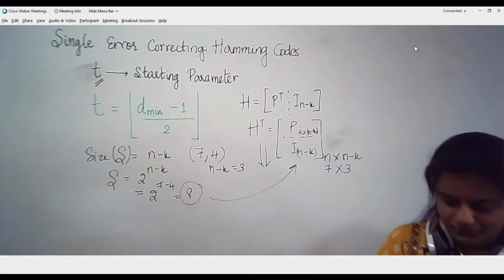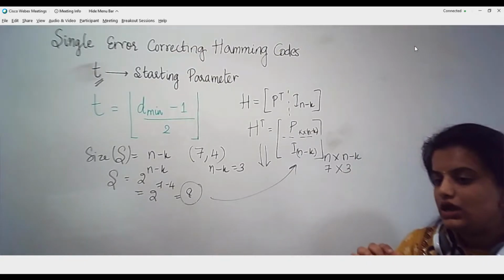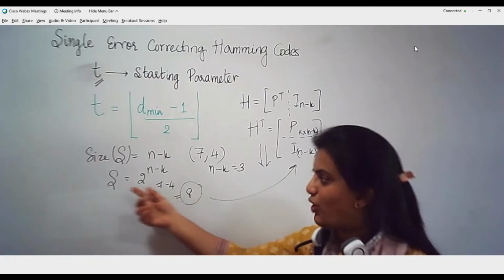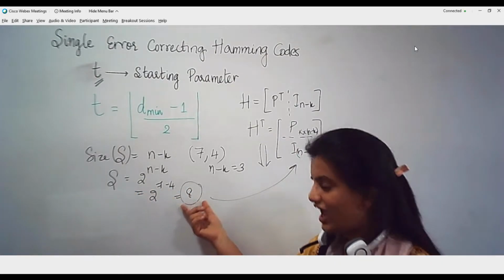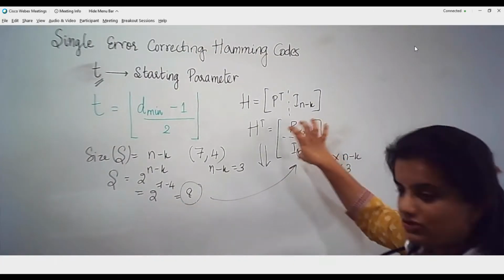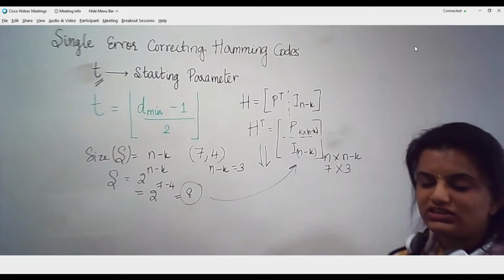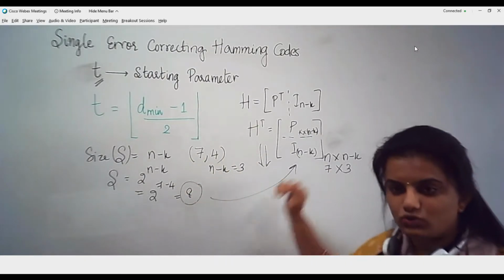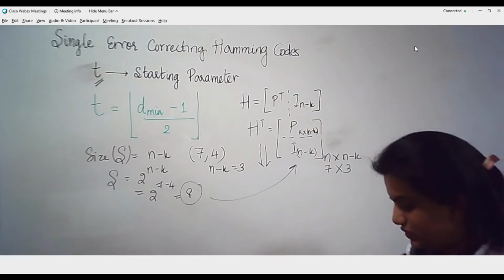Why is it so? Can one of you please think and answer this? Why are there 8 possible syndrome combinations, out of which only 7 are within the transpose parity check matrix? Which combination is left out in this matrix? You have to tell me.